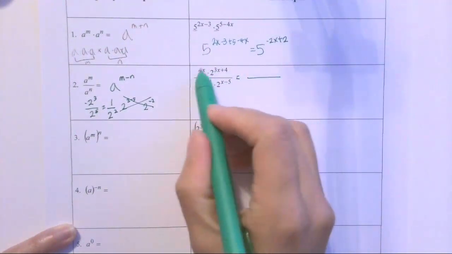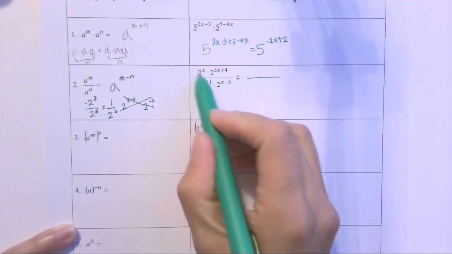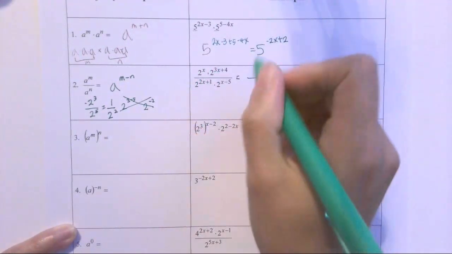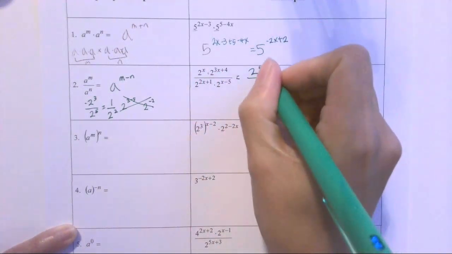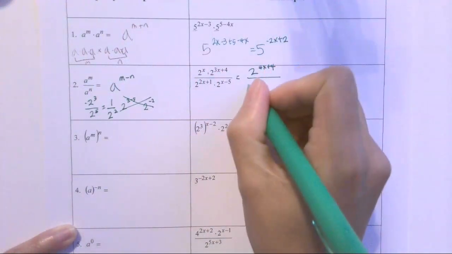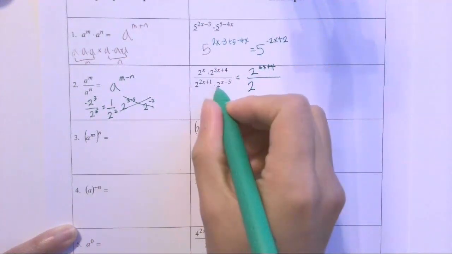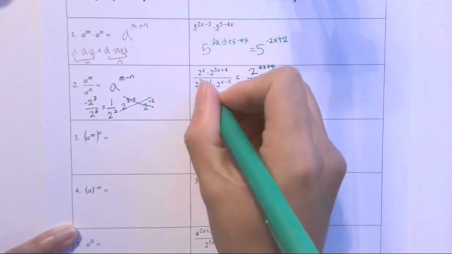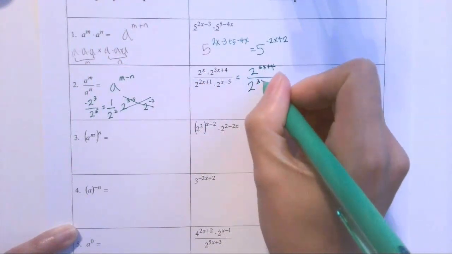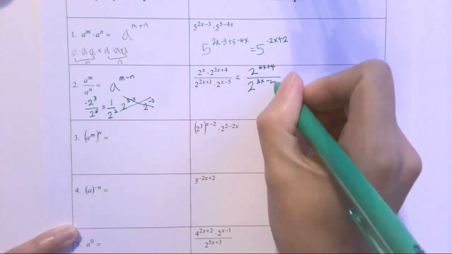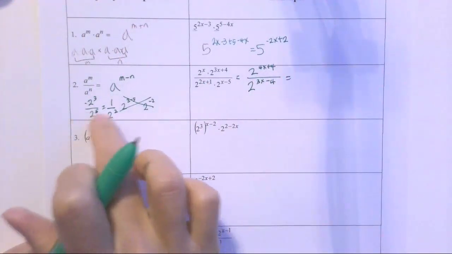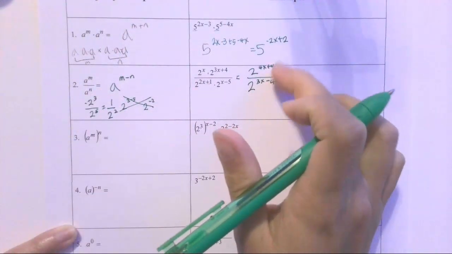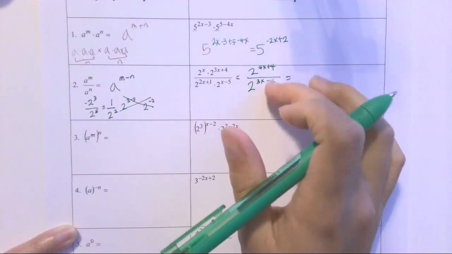I'm going to take care of the numerator first and the denominator after that. So numerator, multiplying with the same base, so I can add my exponents. x plus 3x plus 4, 4x plus 4. My denominator, 2 raised to the same base, multiplying, I can add my exponents. 2x plus x is 3x. 1 minus 5 is minus 4. All right, now what am I going to do? Well, these ones, unlike the example I gave you here, have the x in them, so I don't really know which one's bigger or smaller.